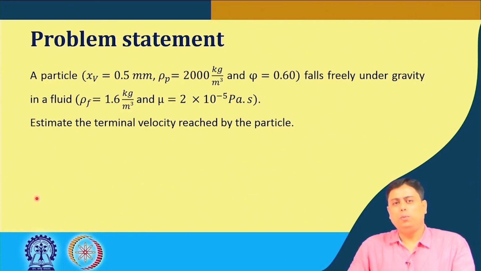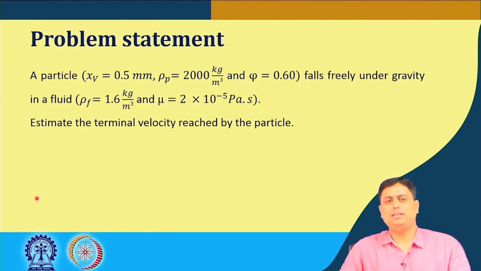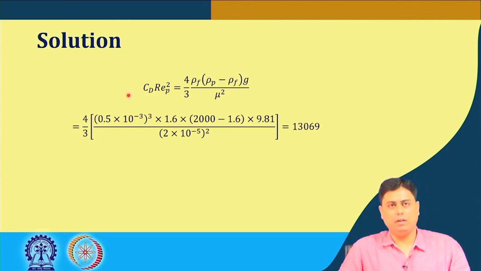So, these two problems help you realize the importance of these two parameters, CD by REP and CD REP square. These are two constant terms, used when one value is unknown and one value is known. When plotted on the standard drag curve plot, which will typically be given to you for these calculations, CD versus REP creates a slope of positive 1 and is independent of the particle diameter, and CD multiplied by REP square is independent of the terminal velocity.